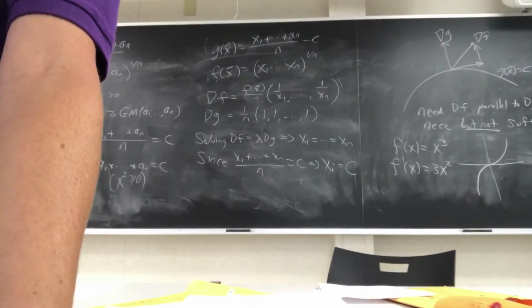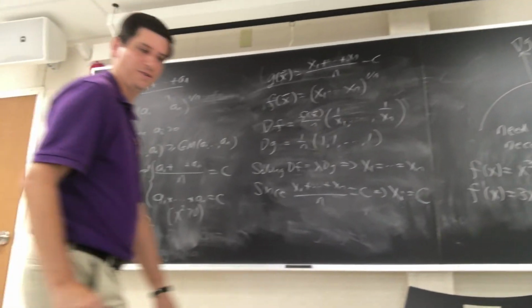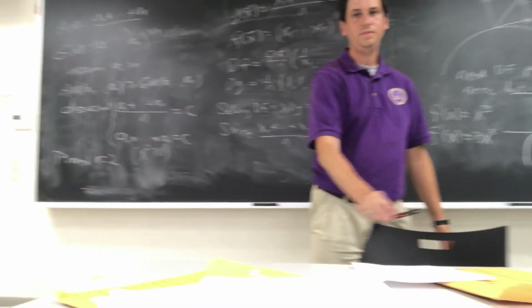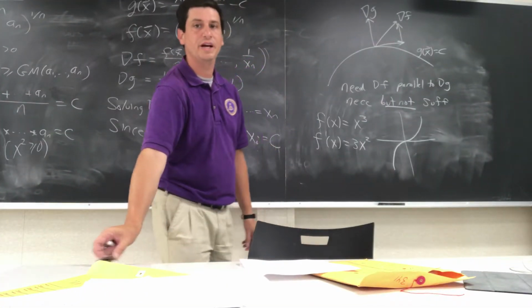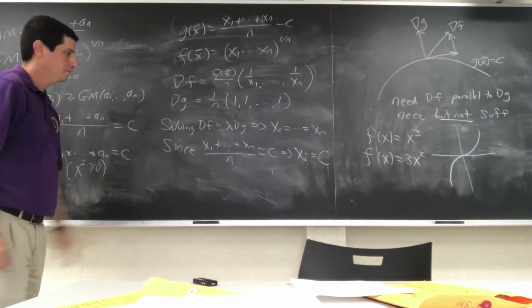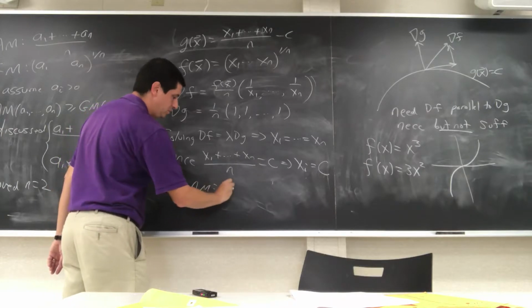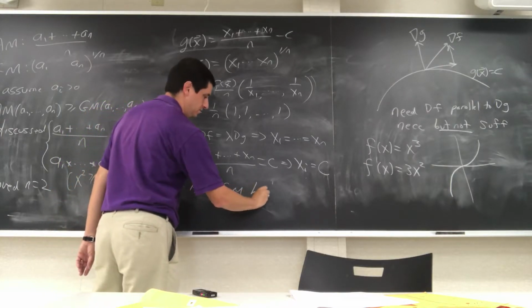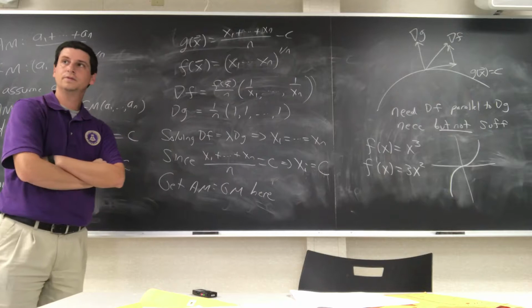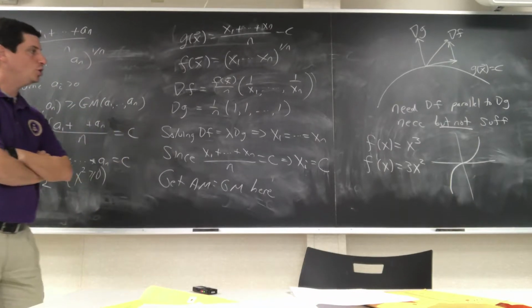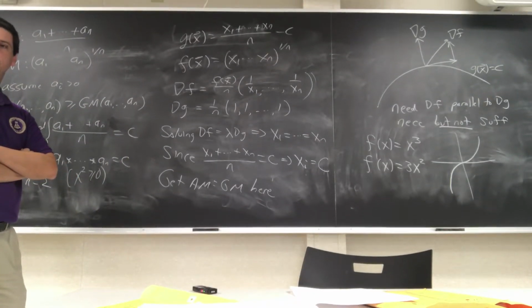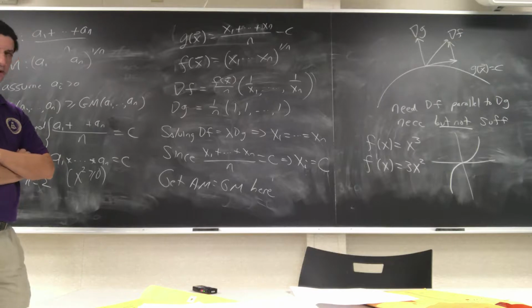Okay, we will get the arithmetic mean equals the geometric mean here. And then how would you make this the rest of the work? So I will leave that to you to ponder. But this was a nice way to review a really good technique.